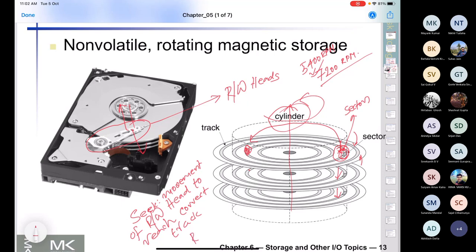And then there is a rotation followed by a rotation. First seek happens and then a rotation happens.